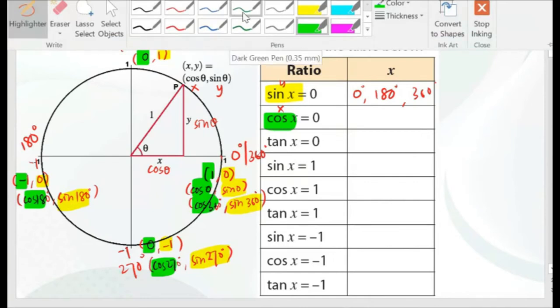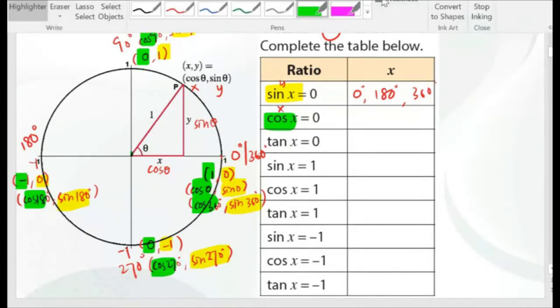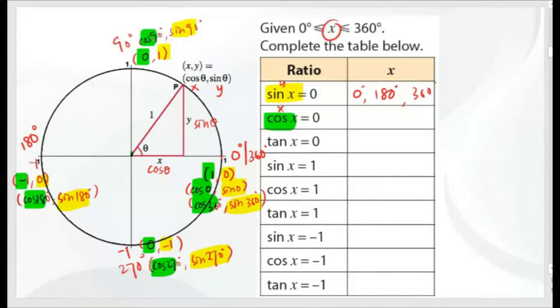Look at which x coordinate equals 0. The x coordinate is 0 here, so up and down. Y equal to 0 is left and right, and x equal to 0 is up and down. So from here, you know the angle will be 90 degrees and 270 degrees.